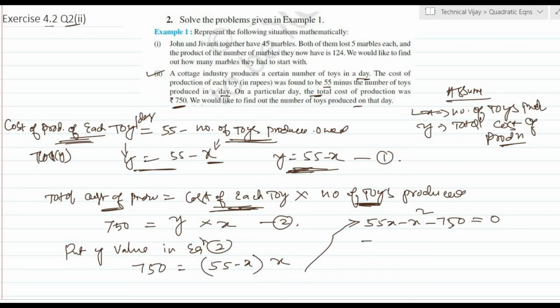So here minus x square plus 55x minus 750 equal to 0. To remove this minus, x square minus 55x plus 750 equal to 0. Now we will solve this by the factorization method.